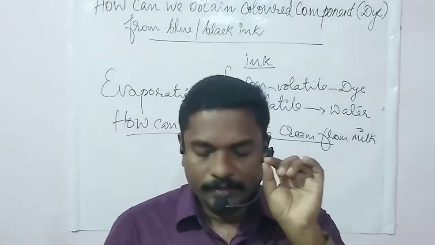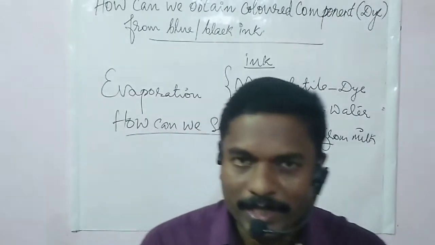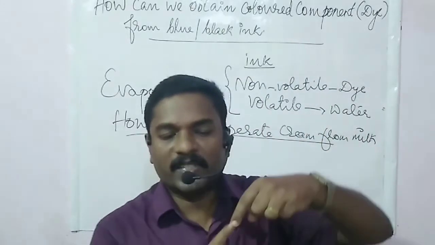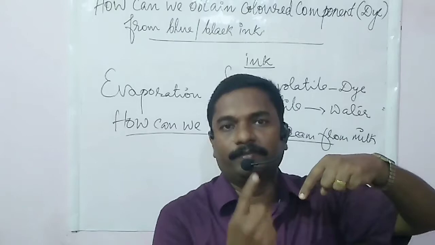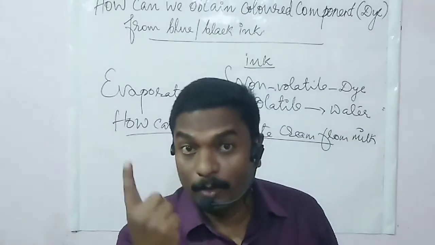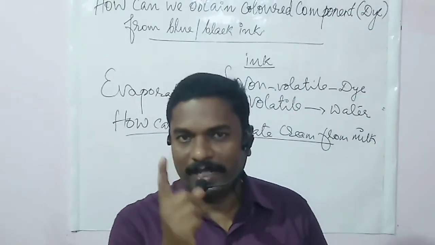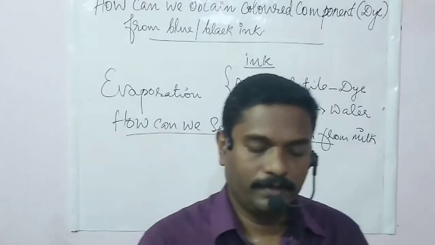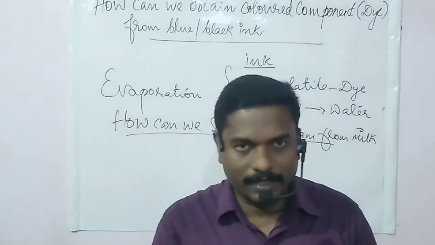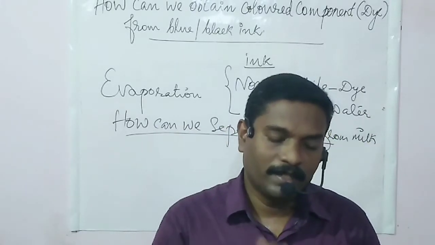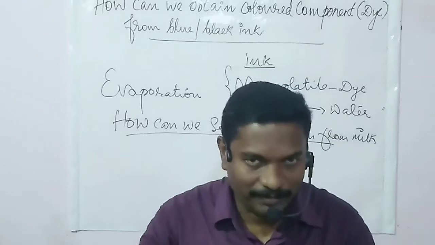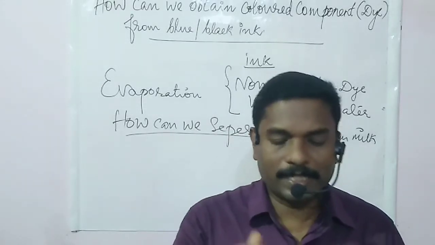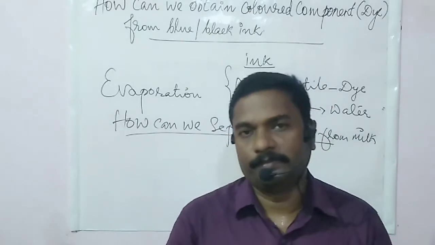And see, what the centrifugal machine does is, it spins rapidly, that is, in circular motion. And by spinning, what will happen is, the denser particles come to the bottom and lighter particles stay at the top.